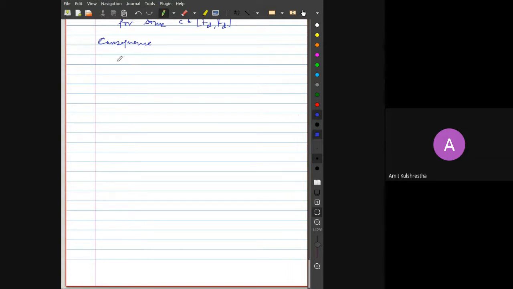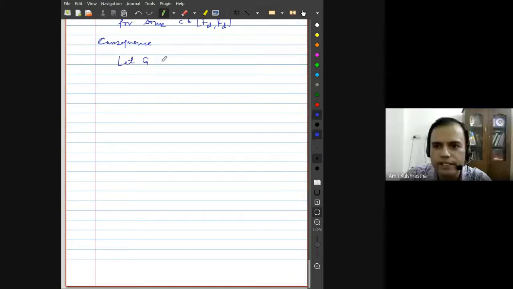So I'm skipping some details, but the consequence is interesting. Let G be a group, and E be its exponent.